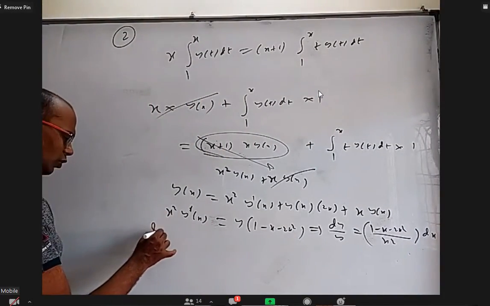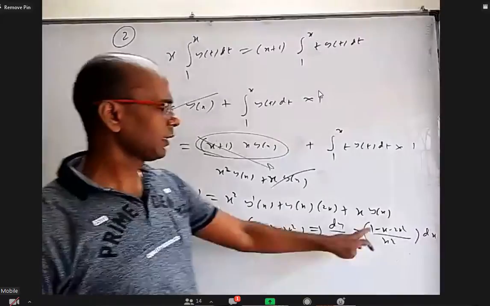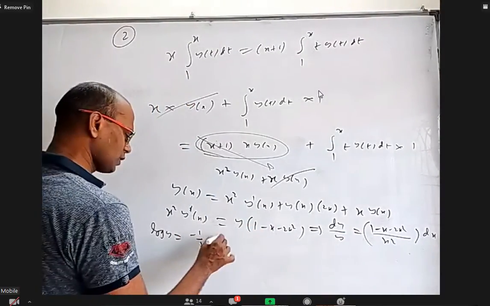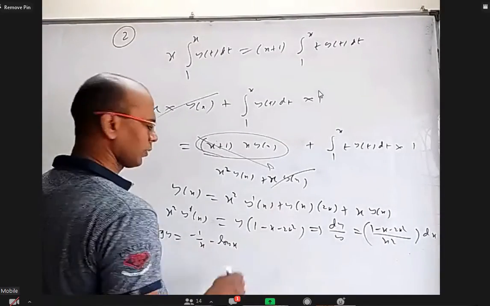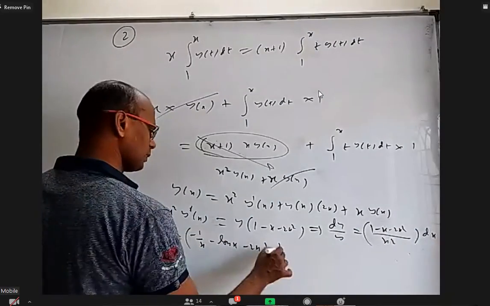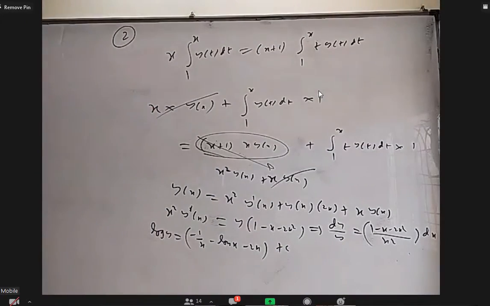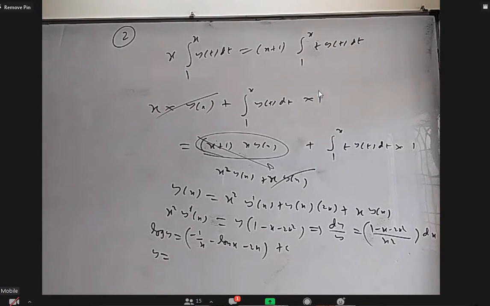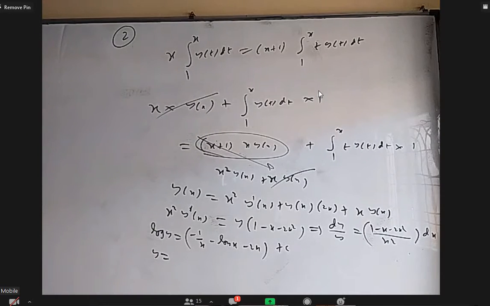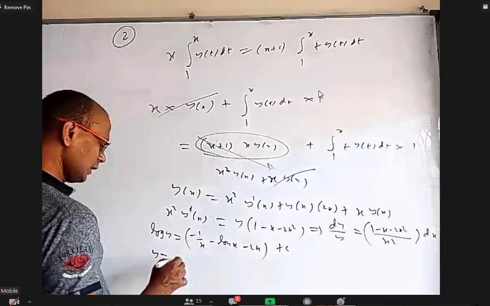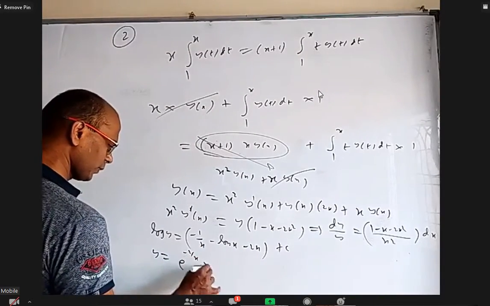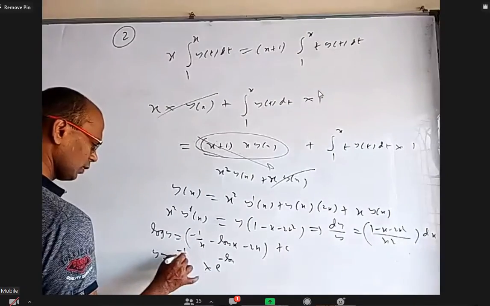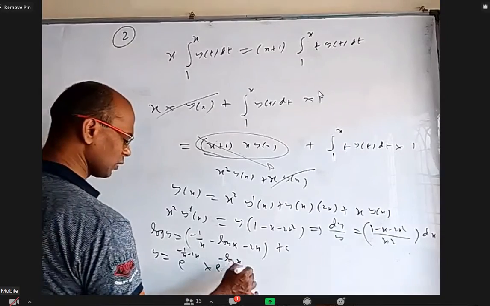dy by y is log y. Here for 1 by x square the integral is minus 1 by x. For minus 1 by x, minus log x. And for minus 2, minus 2x plus c. You can write y is equal to e power minus 1 by x, you can even combine this and write minus 1 by x minus 2x, and e power minus log x.